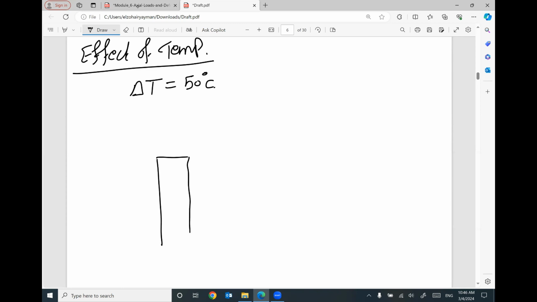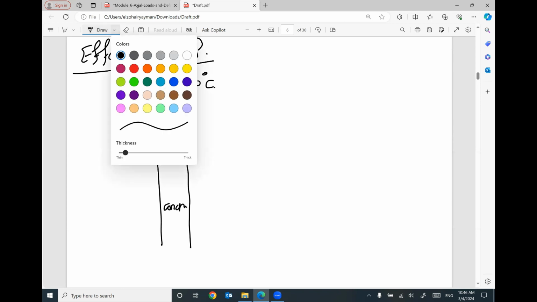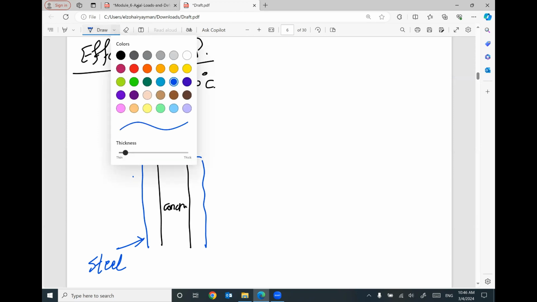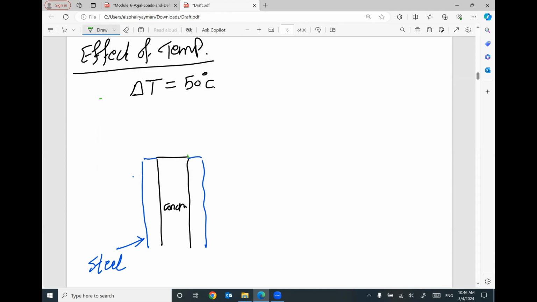This is the concrete, and we have this part for steel. I'm going to assume each component will expand freely. So concrete will expand. It's not too much, I'm sorry, it should be a little bit.